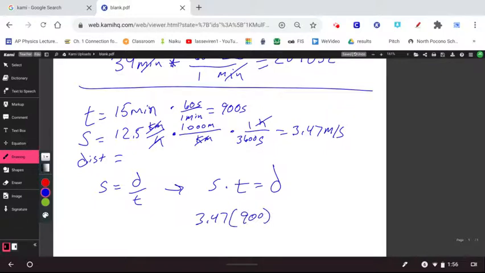The units are right. Meters per second times seconds, the units of seconds will cancel out here, and we will end up with a distance of 3,123 meters, or 3.1 kilometers if you didn't do that conversion earlier.